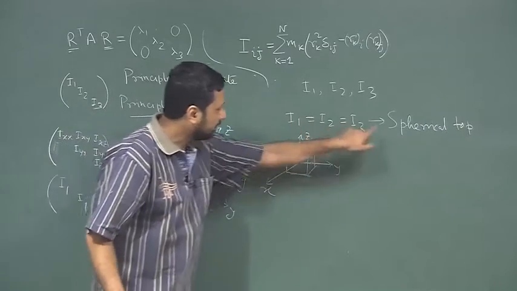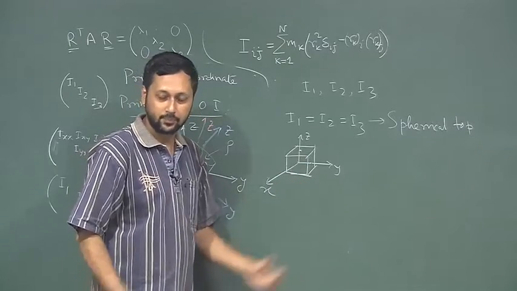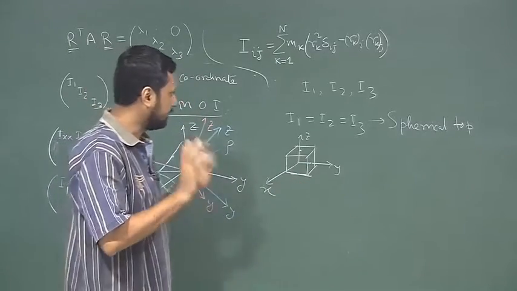So, in that case this will happen. This is also an example of a spherical top, only if it is an extremely symmetric object.